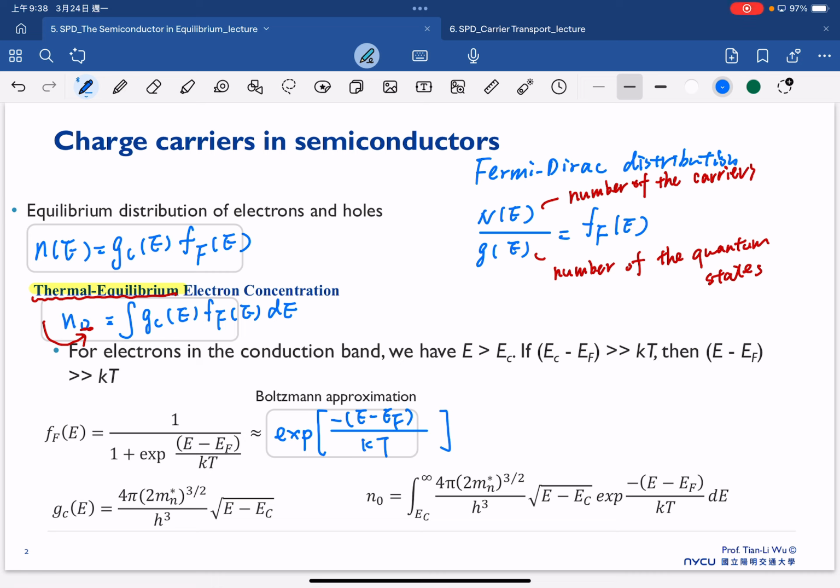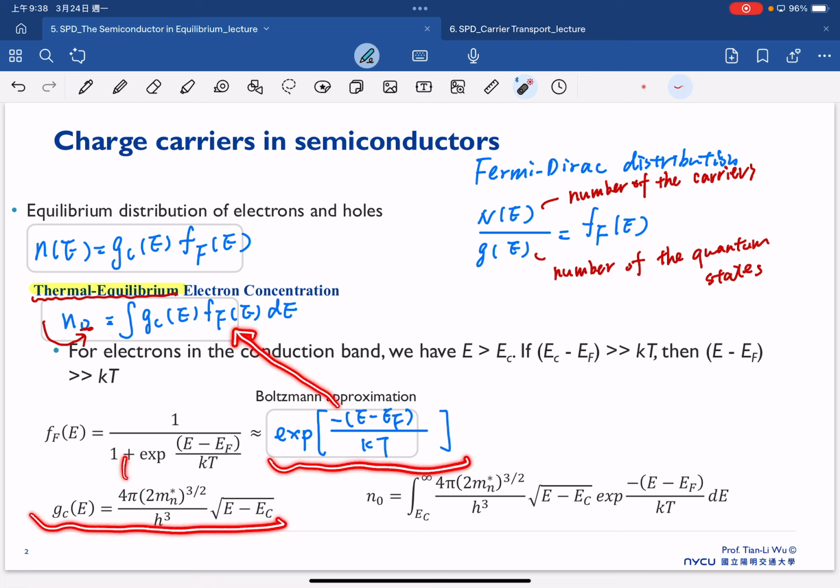This is a Boltzmann approximation that we also mentioned last week. And also, g_c is estimated here. That's also something we mentioned last week; we don't spend time on this equation's calculation, but this is just to show that g_c is estimated from here. So now we just put everything together. We have f_F(E) here, we have g_c here, so ideally we can start to estimate the thermal equilibrium electron concentration.